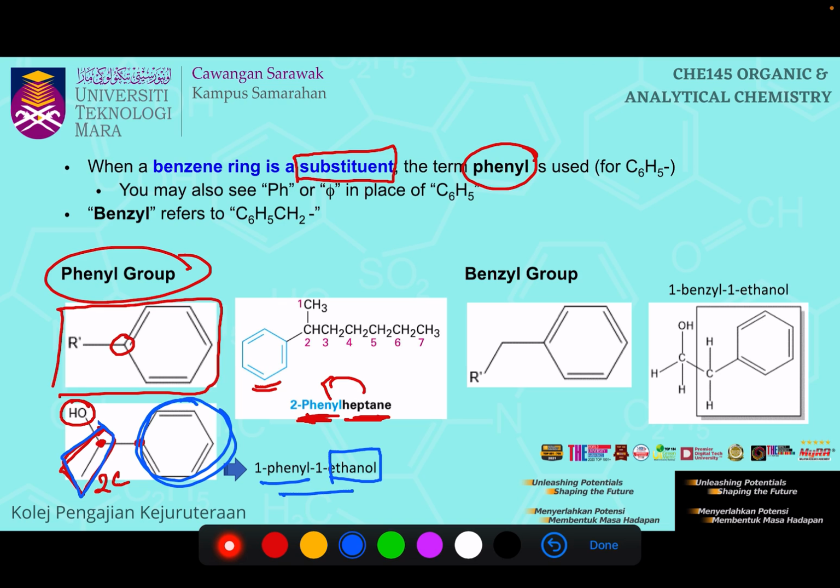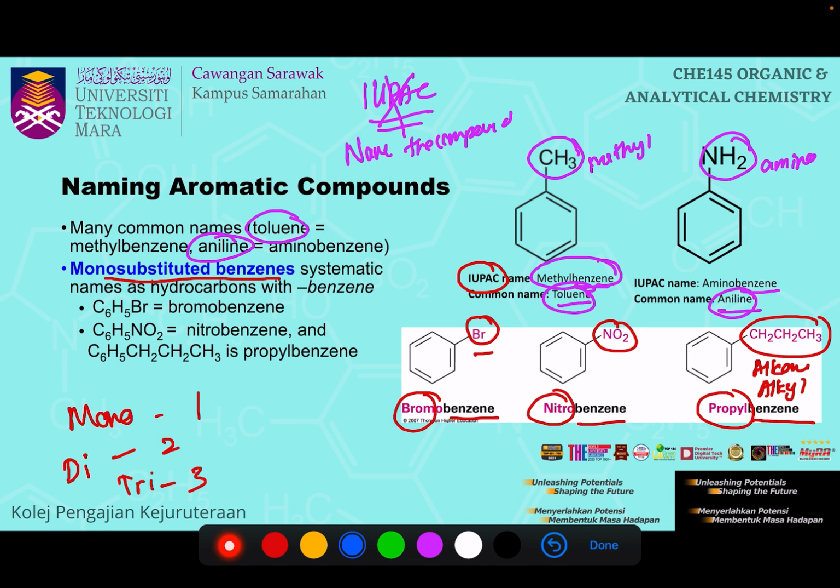Another thing I want to note is that when we have a benzene ring, you want to know where carbon number 1 is situated. If it's monosubstituted, meaning only 1, normally the carbon the substituent is attached to is carbon number 1. So let's go back to this one here. You notice that we don't use 1 here.